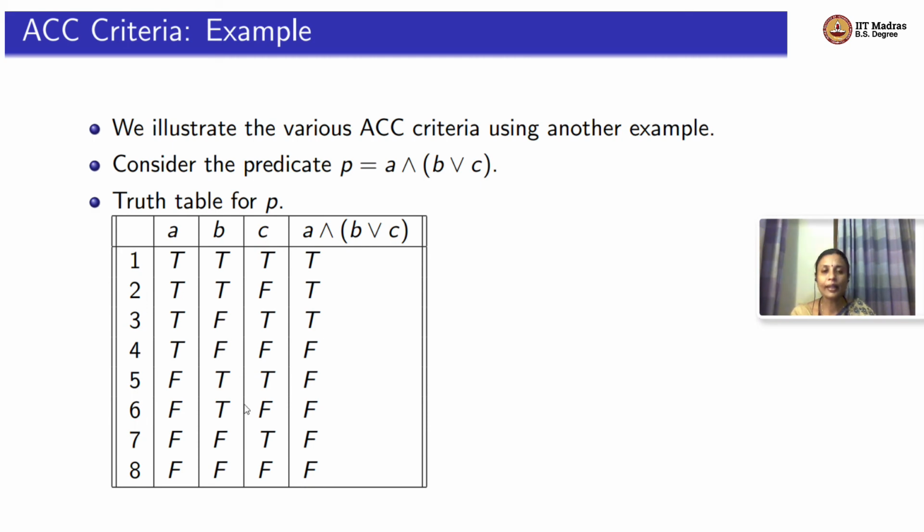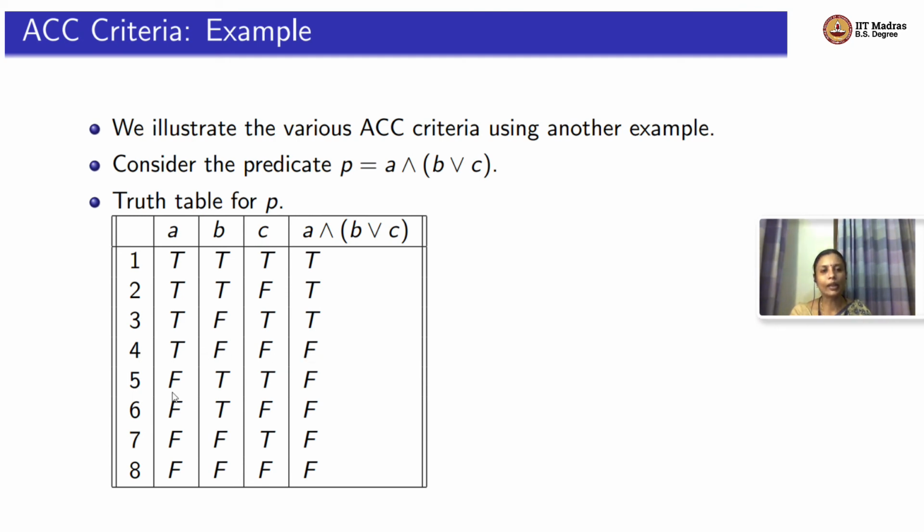In the case when all the three clauses are true, which is the first row, the predicate evaluates to true. In the case where A and B are true, but C is false, the predicate again evaluates to true. But when A is true and B and C are both false, B or C will return false, and this is an AND, this is row 4, the predicate will evaluate to false.